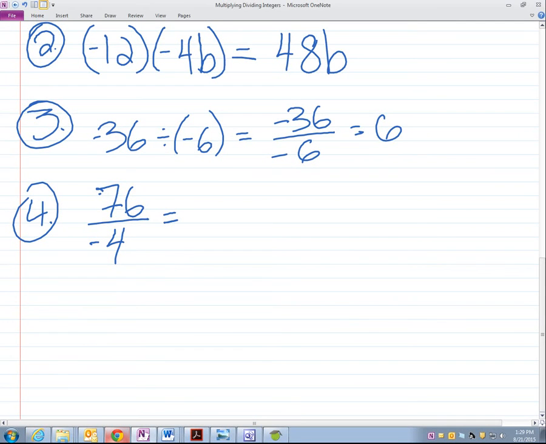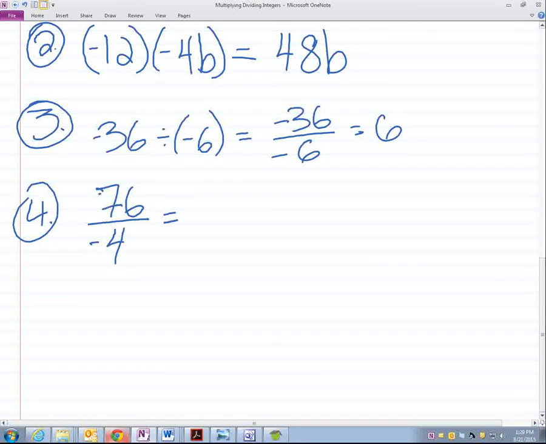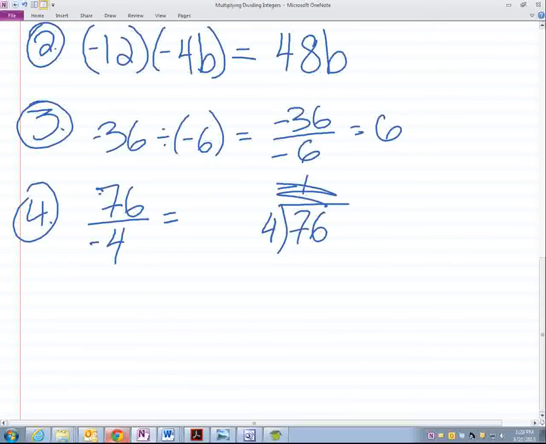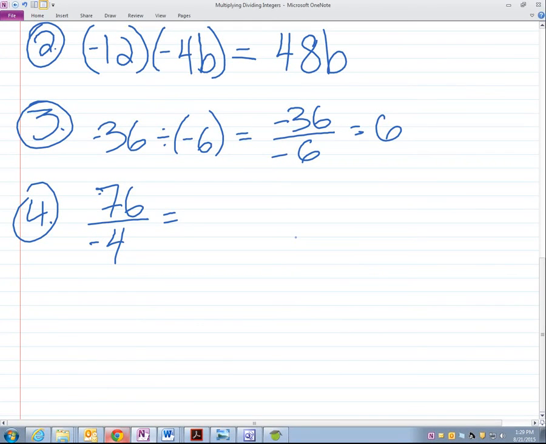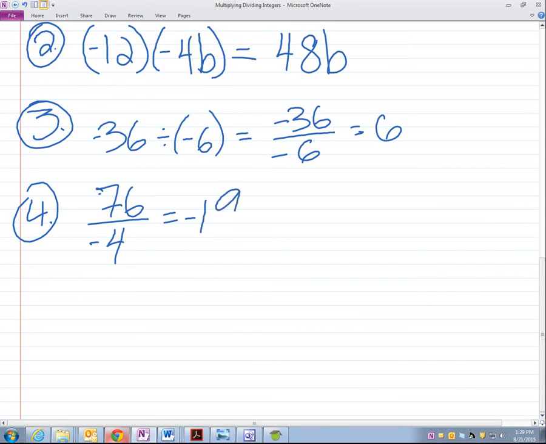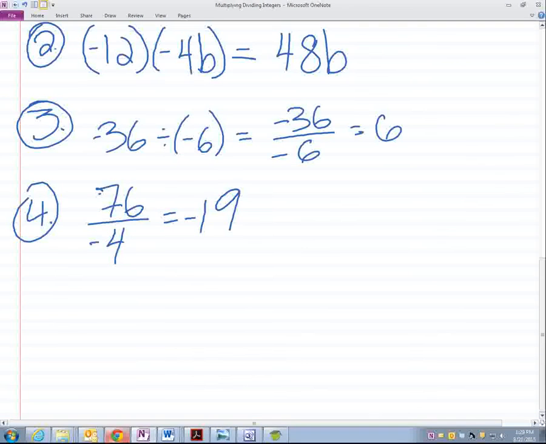How many negatives are there? So our quotient is going to be negative. Good. And for this situation, I would rewrite it just like this. I'm going to put a negative up there. If you can do this in your head, that's fine. Or some of you might recognize that this is only 4 less than 80.